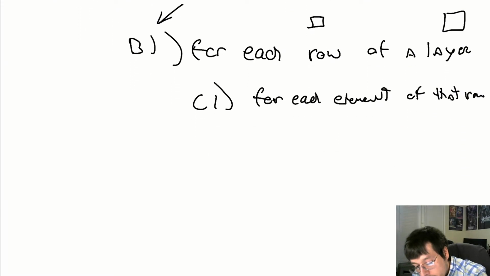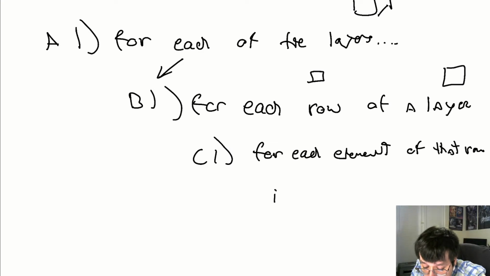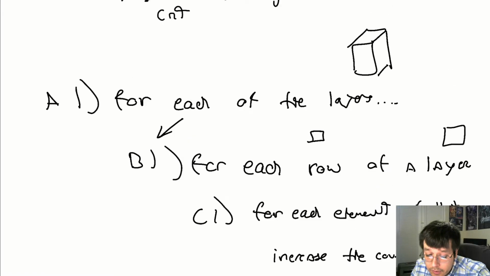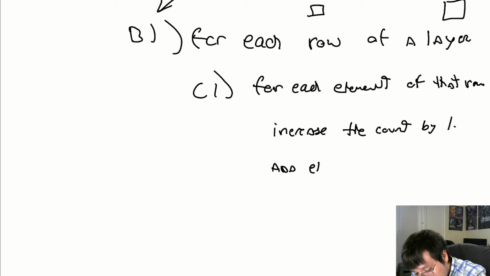Okay, so you're going to run it for 3 of these times, and we're going to say increase the count by 1. That's one of the things we've got to do. That's basically number 2. And then number 1 is add element value to running sum.